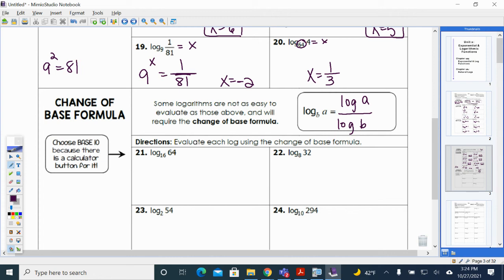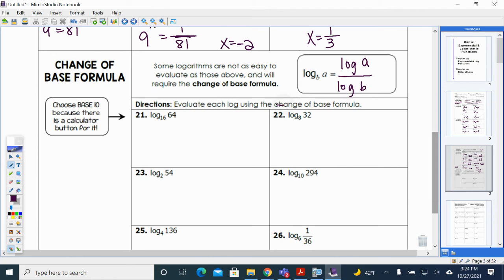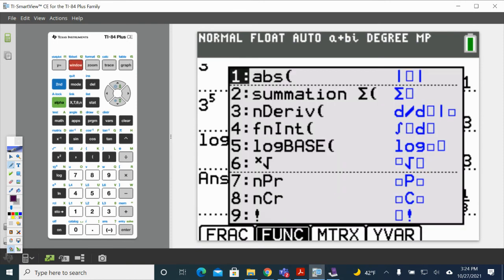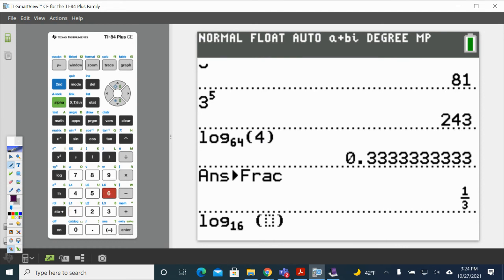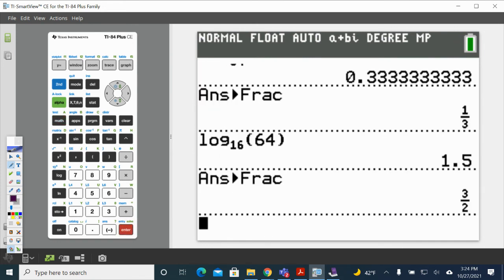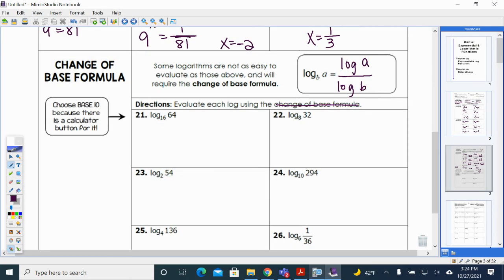So on this last section, it says to evaluate each log using the change of base. I'm telling you, we are not going to use the change of base formula. We're going to use the log base in the calculator. So for number 21, we want log base 16 of 64. We're going to go alpha window, choose number 5, log base 16 of 64, and we get 1.5. If you want to change that back to a fraction, math, enter, enter, changes it to 3/2.